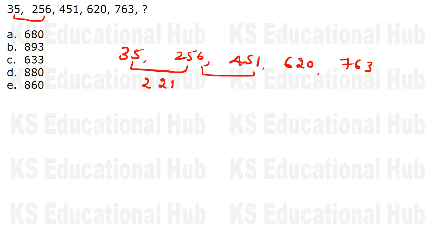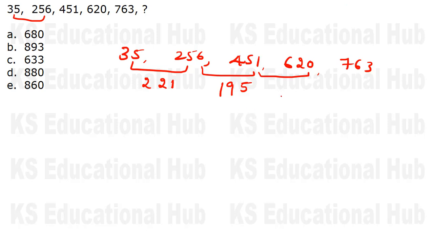The next one is 451 minus 256, that is 195. The next one is 620 minus 451, that is 169.